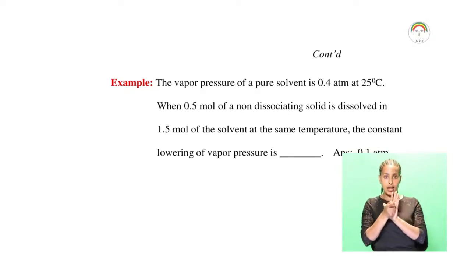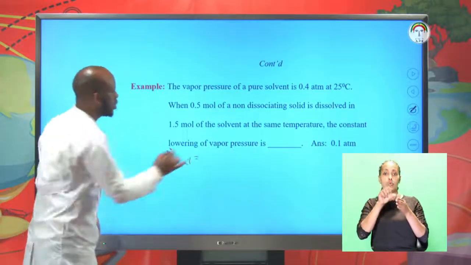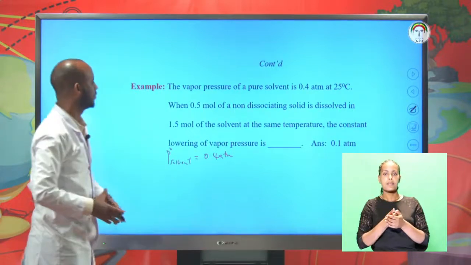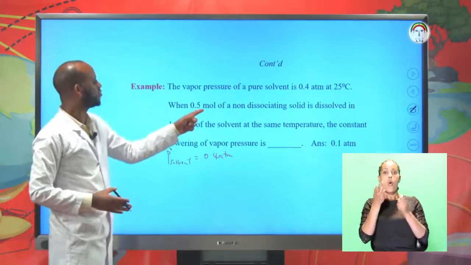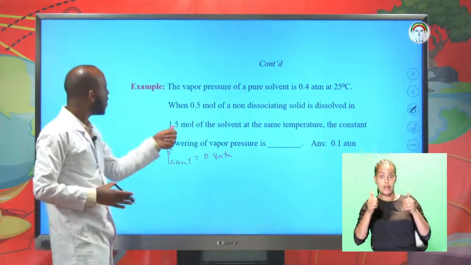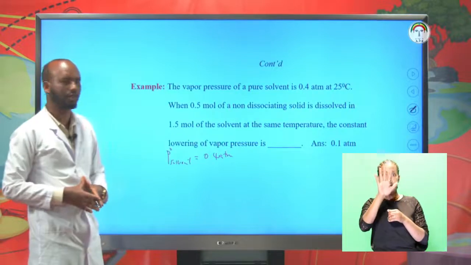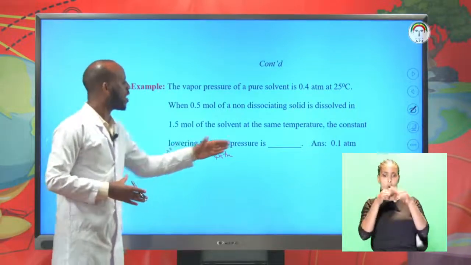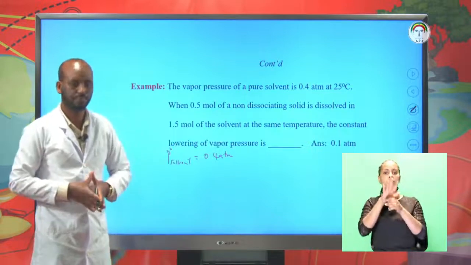Example: the vapor pressure of a pure solvent is 0.4 atmosphere. What is given? Vapor pressure of pure solvent equals 0.4 atmosphere. When 0.5 mole of a non-dissociating solid is dissolved in 1.5 mole of the solvent at the same temperature, the lowering of vapor pressure is dash.